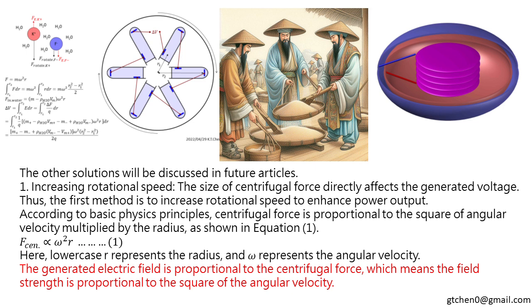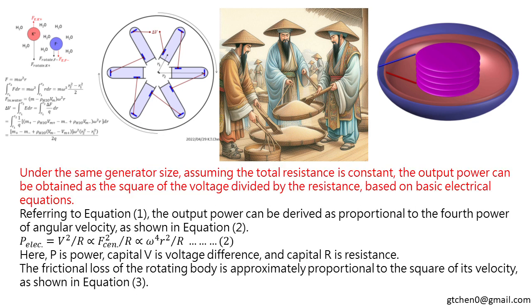The generated electric field is proportional to the centrifugal force, which means the field strength is proportional to the square of the angular velocity. Under the same generator size, assuming the total resistance is constant, the output power can be obtained as the square of the voltage divided by the resistance, based on basic electrical equations.